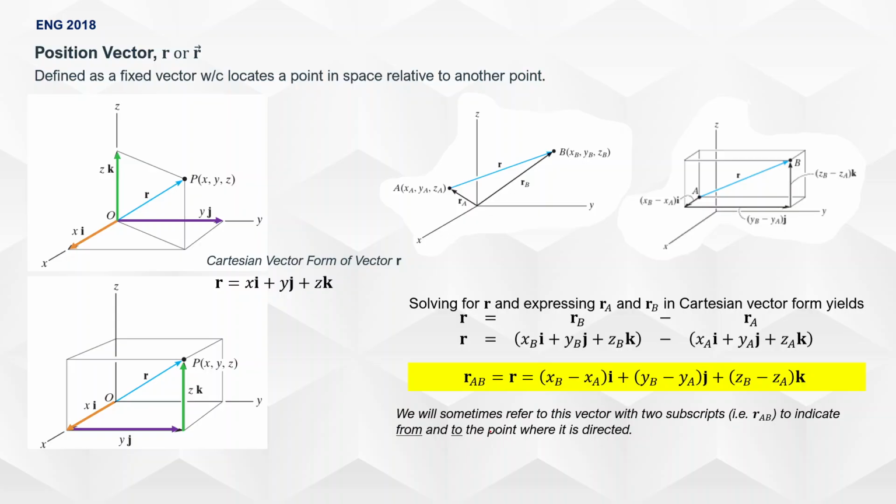We will sometimes refer to this vector with two subscripts, sometimes RAB, but R will suffice. Okay? So this is its final form. Your position vector R would be the difference XB minus XA, the difference of the respective components, then I plus YB minus YA, J plus ZB minus ZA, then K.